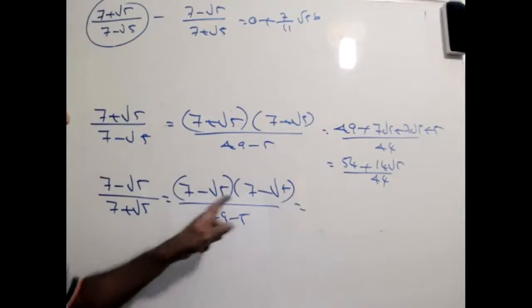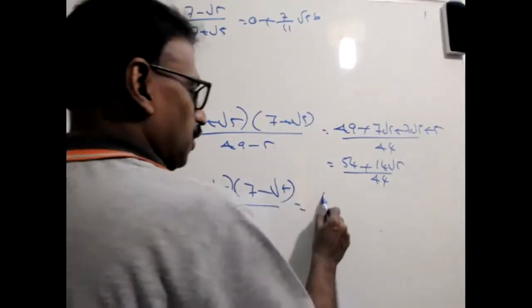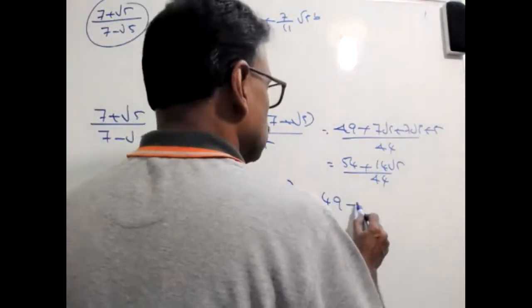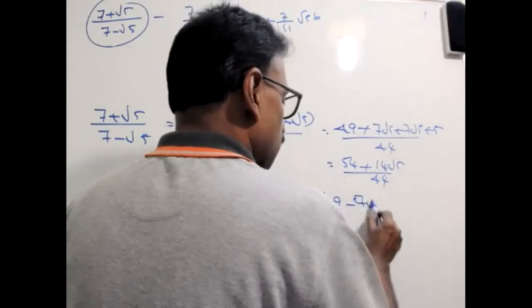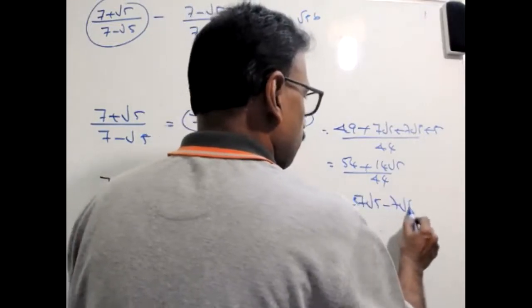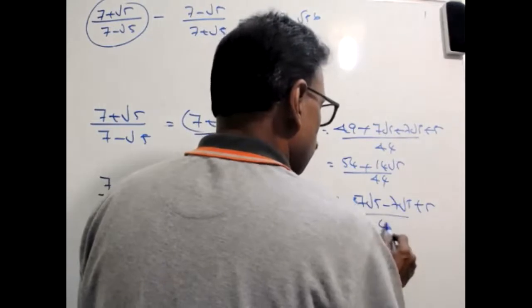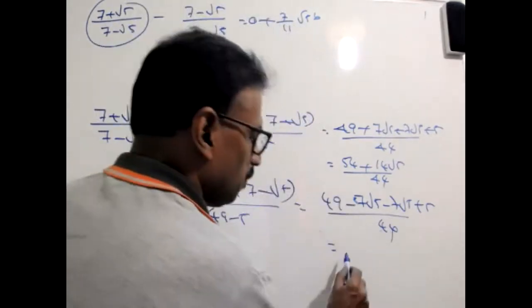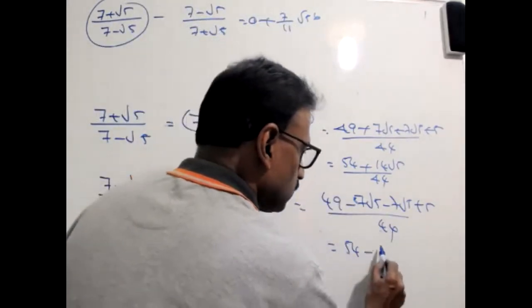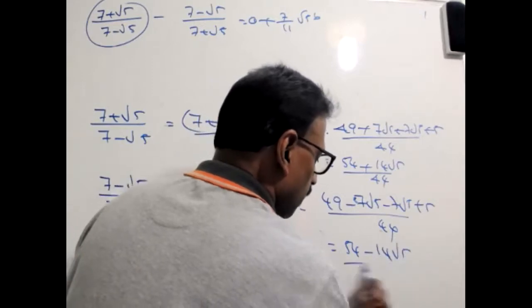That is, when you open, we get 49 minus 7 root 5 minus 7 root 5 plus 5 divided by 44. This is equal to 54 minus 14 root 5 divided by 44.